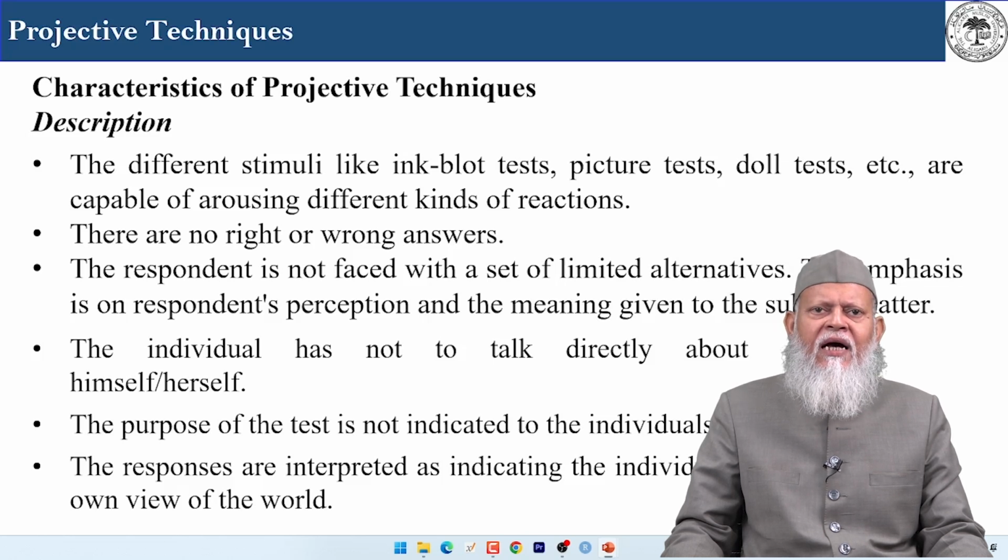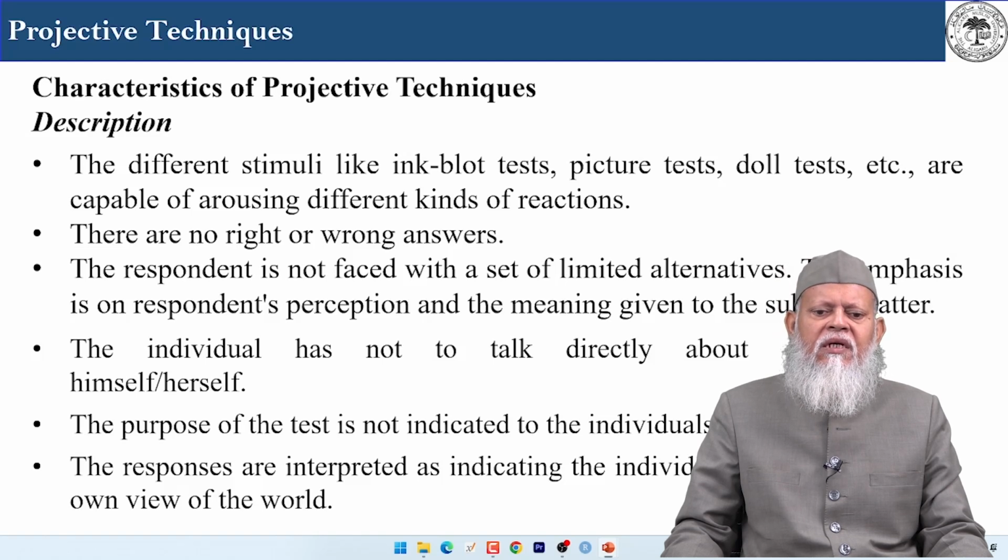He is not being asked the questions, but his perception and his meaning of the subject matter, his interpretation of the subject matter is what is to be dug out. It is what is to be found.